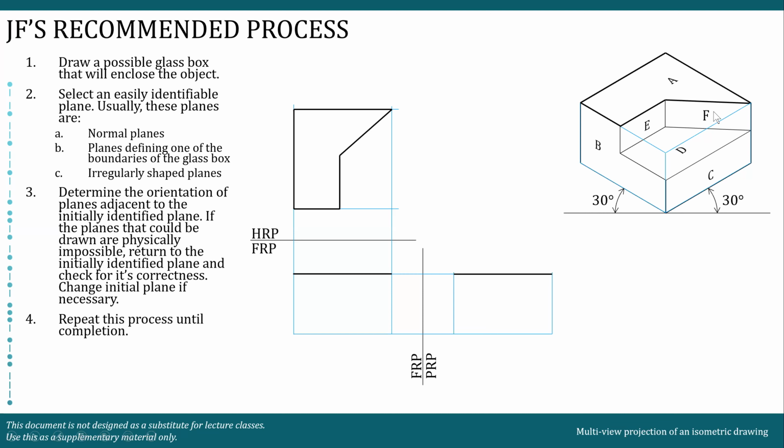So, sino yung pinakamagandang isunod na plane? Ang pinakamagandang isunod ay si B. Why B? Because B is still one of the easily identifiable planes. Kumbaga, uunahin niyo yung mga planes na less likely mali ang interpretation ninyo. So si B, anong interpretation nyo kay B?